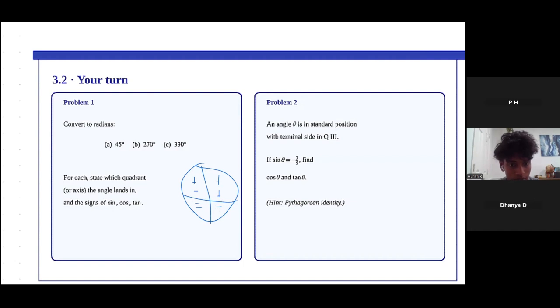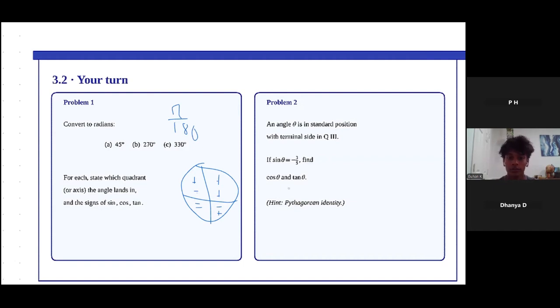And with this, you can also find your tan, because tan is sine over cosine. Here, we're converting to radians, so remember, multiply by pi over 180 and simplify. And here, if sine theta equals negative 3 over 5, find cos theta and tan theta.